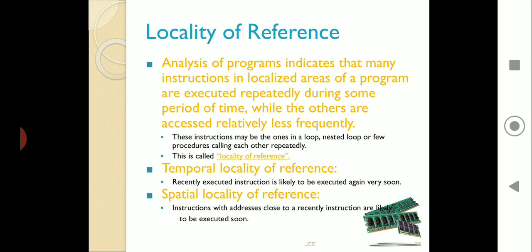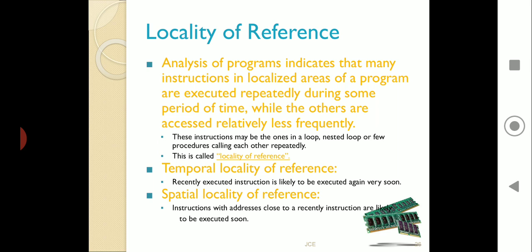What is my referenced memory right now? 2000. The locations close to it are 2001 and 1999. Temporal means only the referenced memory, only 2000. Spatial means we take 2001 as well as 1999 as well as 2000. I hope this is clear.